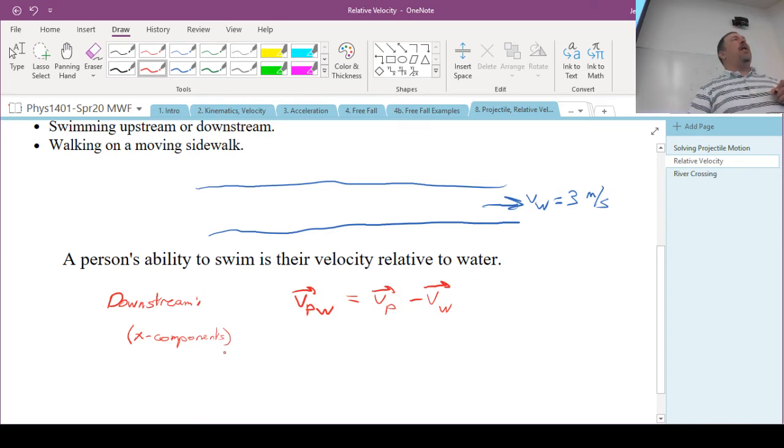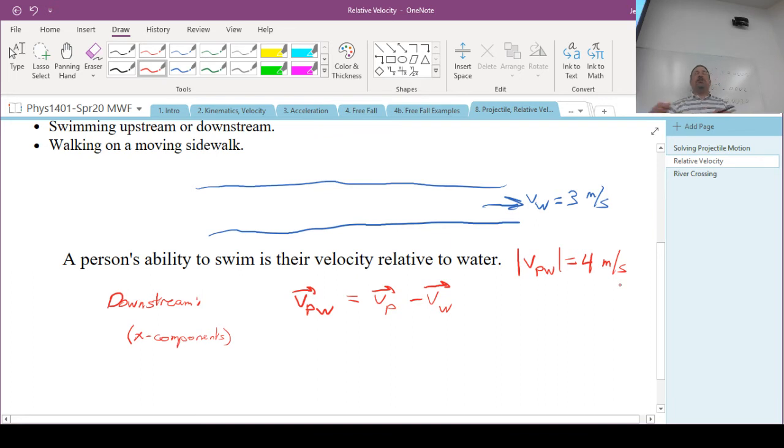And let's take all x components. By declaring that I'm taking all x components, it gives me the ability to, first of all, stop writing arrows over top of my variables, and secondly, to choose which things are supposed to be plus and which things are supposed to be minus. So the ability of a person relative to the water might be, let's say it's a very fast swimmer, 4 meters per second.